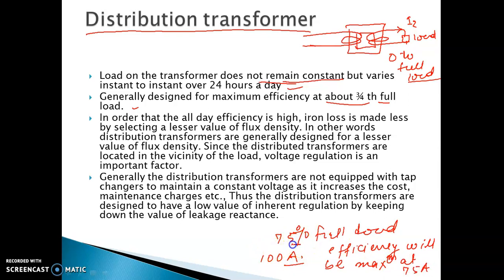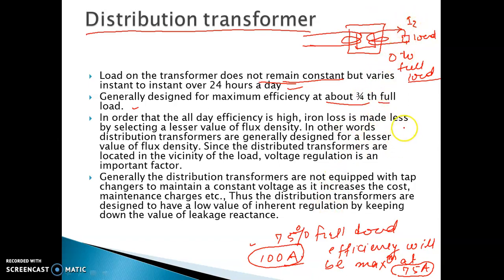Means if you give 100 ampere, then efficiency will not be maximum. If you give 0 ampere on the secondary side, also efficiency will not be maximum. It will be maximum at around 75%, means 75 ampere if you are connecting load here. This I2 current, if 75 ampere, will give maximum efficiency for a full load current of 100 ampere.